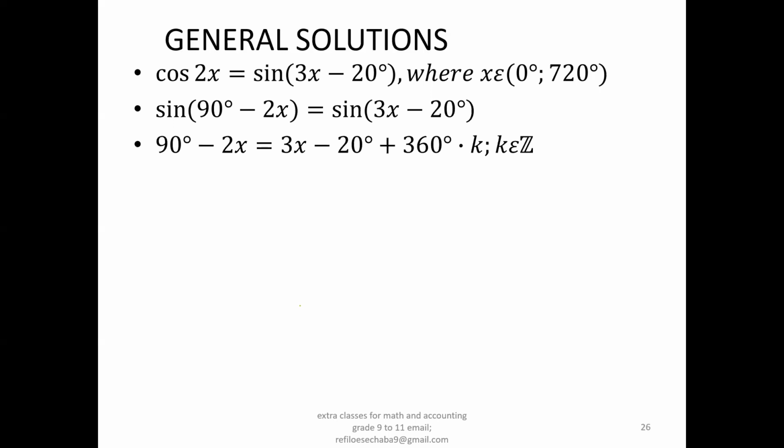So it could have been 3x minus 20 on the left hand side instead of 90 minus 2x. Yes. You could have just said 3x minus 20 is equal to, obviously we'll have 90 minus, in brackets, 3x minus 20 is equal to 2x.